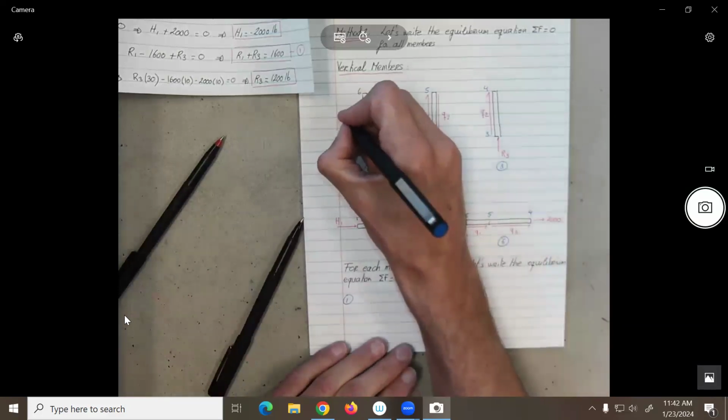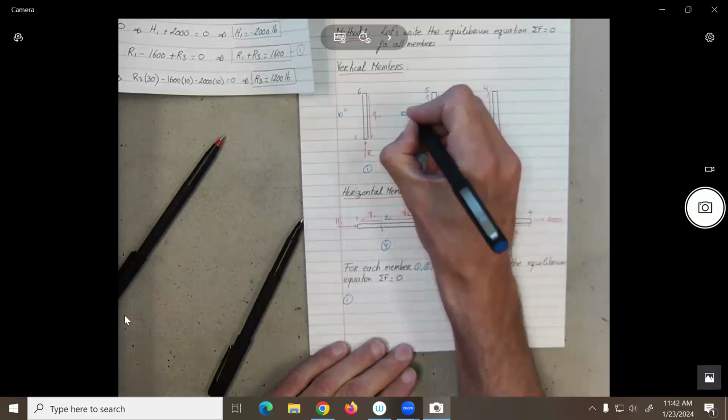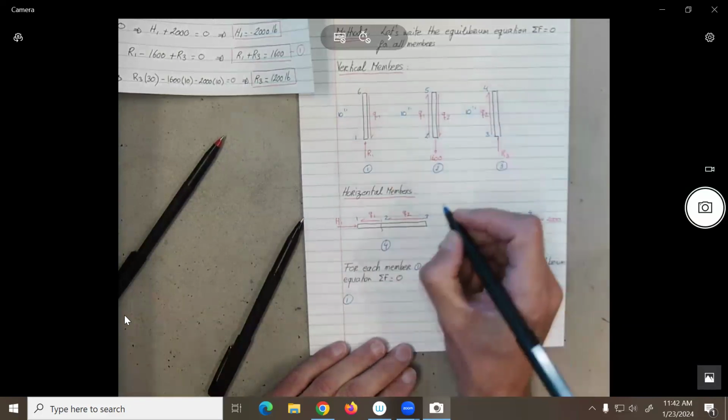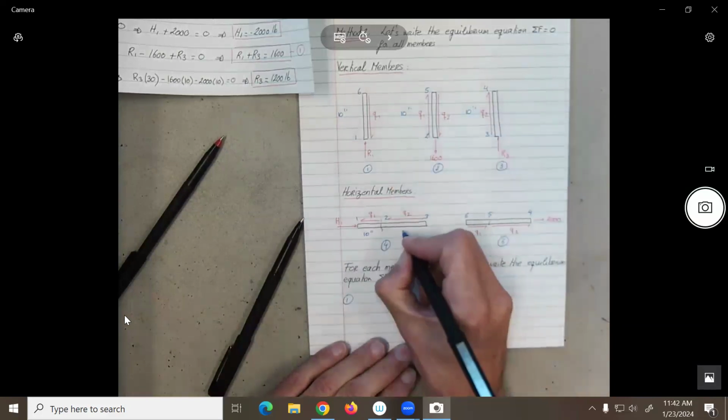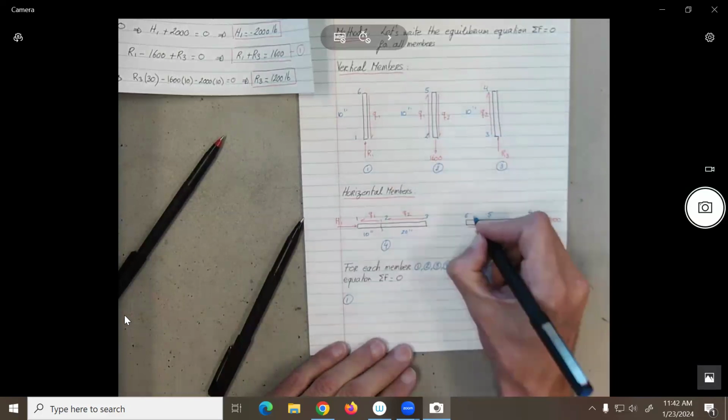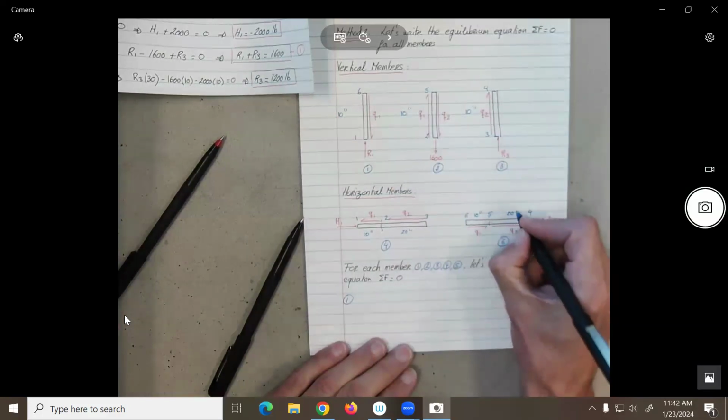So let's say this was 10 inches, 10 inches, 10 inches. This is 10 inches, 20 inches, 10 inches, 20 inches.